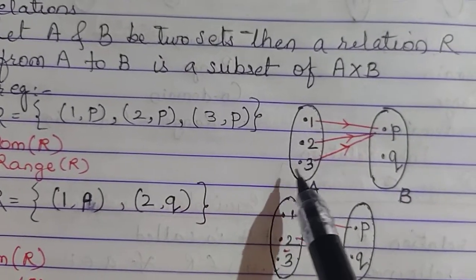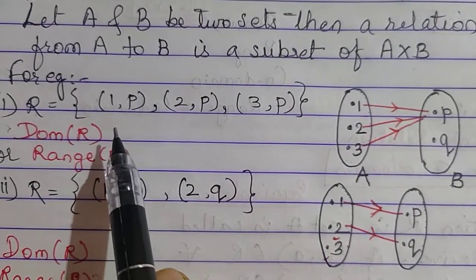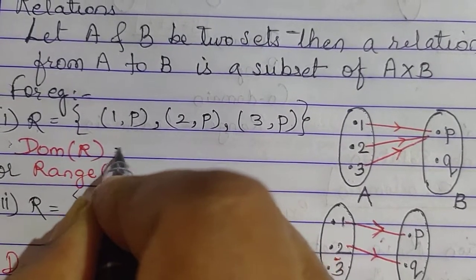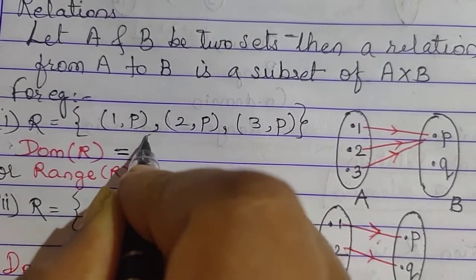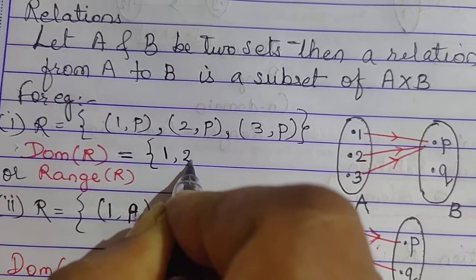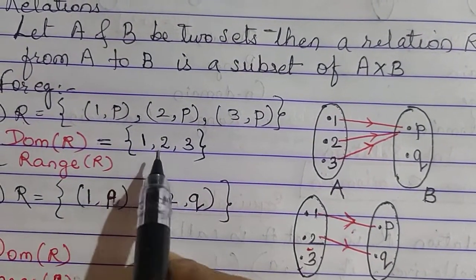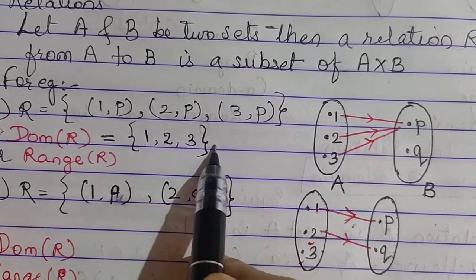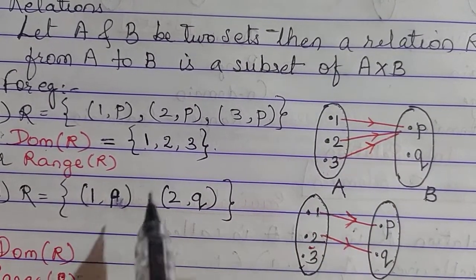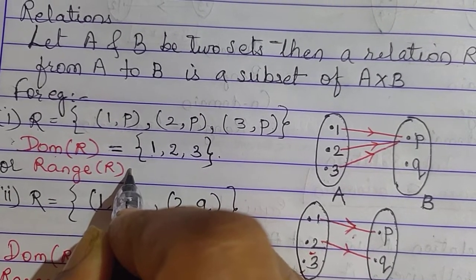Okay. And here there is the concept of domain and range. Now in the domain of the set R, we'll write the elements in the set A. So elements in the set A are 1, 2, 3, which are related to the set B. So we'll write those elements only. So all the elements are related to elements of set B. Therefore, the domain is 1, 2, 3. And the range, in this range, we'll write the elements which are related to the elements in the set A. Okay.